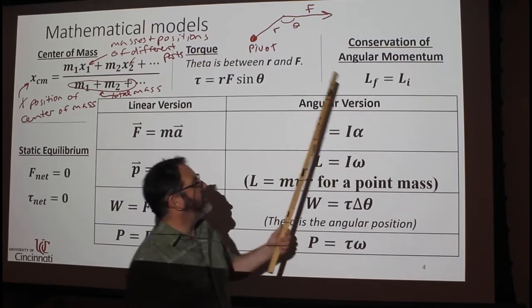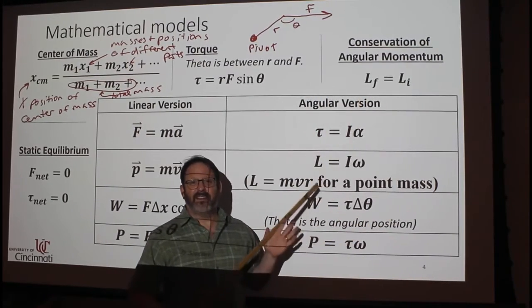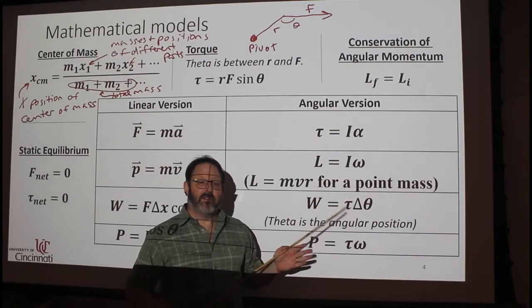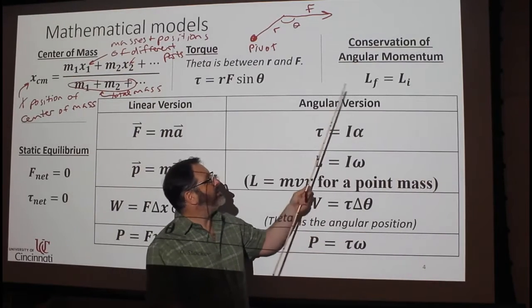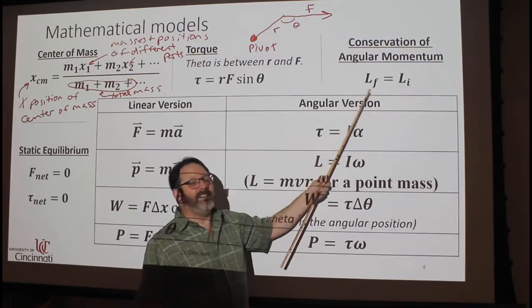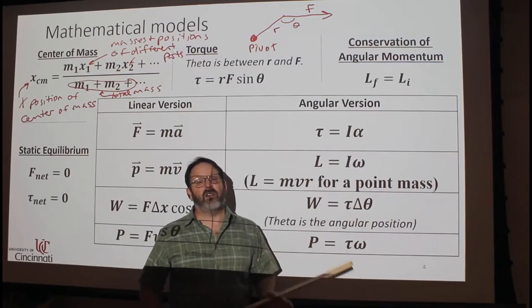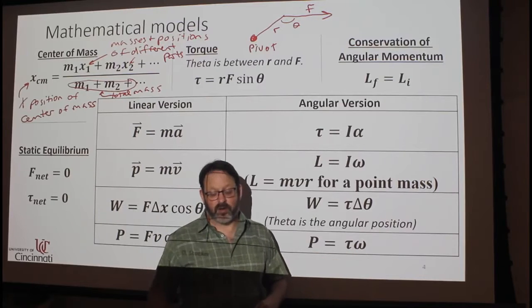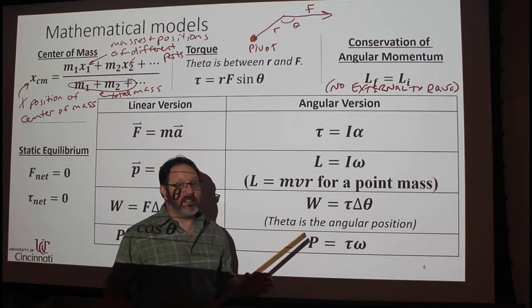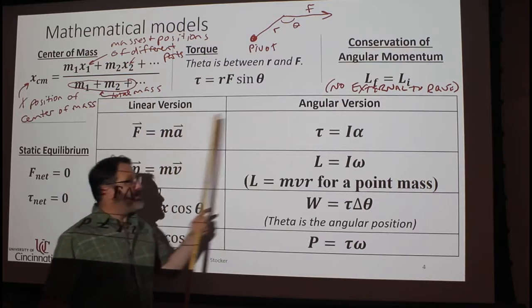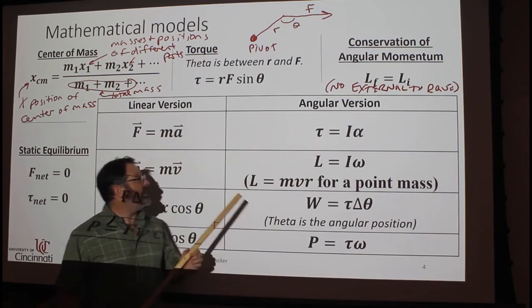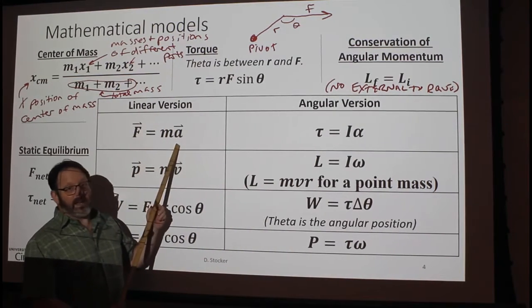Angular momentum. Just like linear momentum was conserved, final momentum equals initial momentum, same thing. Final angular momentum equals initial angular momentum as long as there is no external torque. And also, just like last time, we have a linear version and angular version, same things. F equals ma, right?